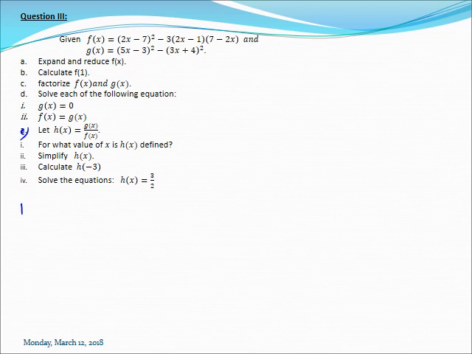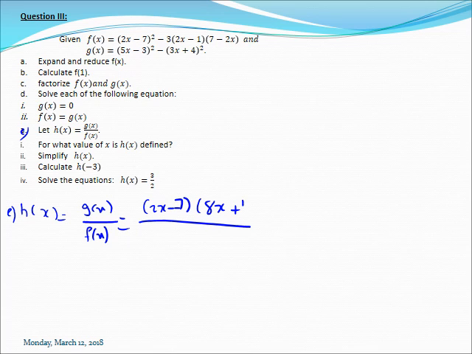Let h of x equal g of x over f of x, which is (2x minus 7)(8x plus 1) over (2x minus 7)(8x minus 10).